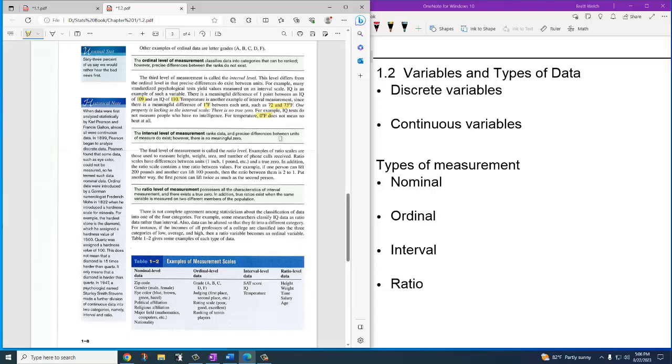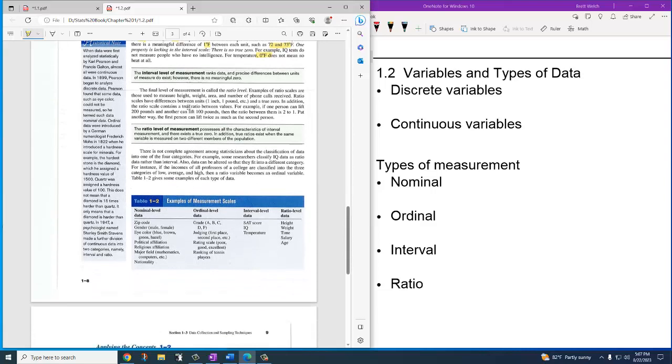There is no such thing as a 0 degree Fahrenheit, meaning that there is none of the temperature or no heat. It just is a point on the scale that's passed along the way. This typically means that things like negative measurements don't really make sense. So if you have negative measurements, you're probably looking at interval, where there isn't a true meaning to 0.